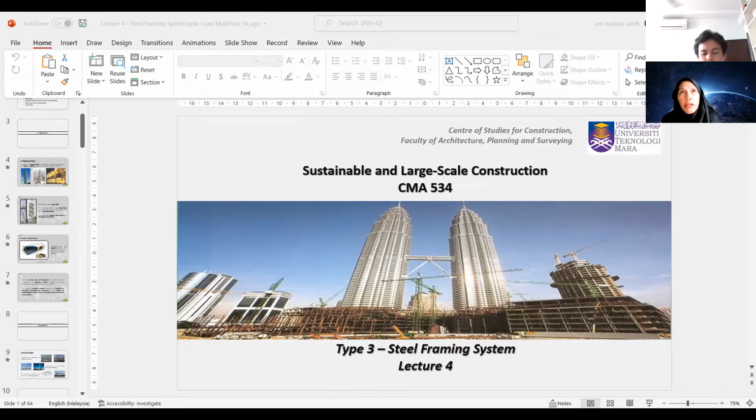That's why memang timber formwork will be economic if you have a small project ataupun small unit of house to build. But then for a mega project, of course, they invest in a good formwork system.